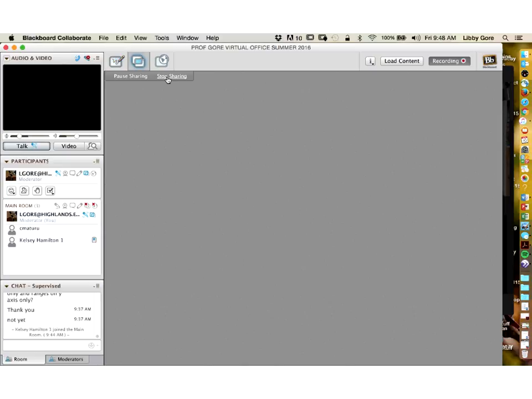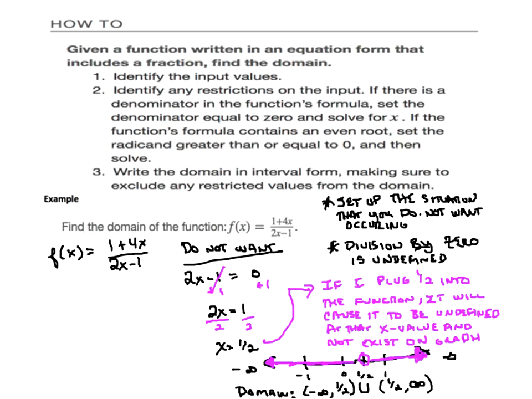We're going to come back to the whiteboard. Okay, so when I plug in 1/2 into that function, watch what happens. Let me get a different color so it doesn't blend together here. If I do f of 1/2, that's 1 plus 4 times 1/2 divided by 2 times 1/2 minus 1. Well, my numerator, there's no problem. It doesn't matter if I have 0 in my numerator or not.